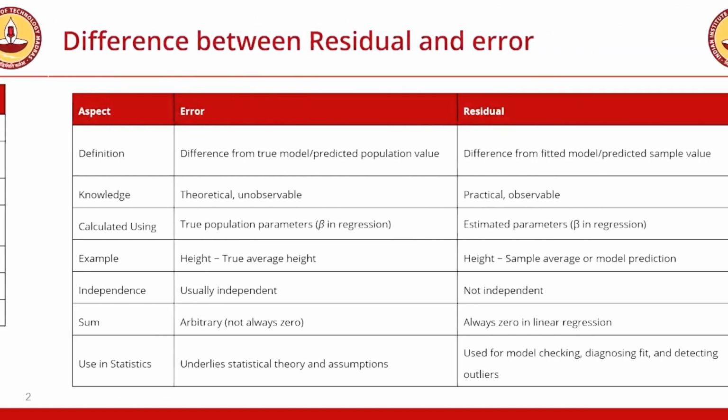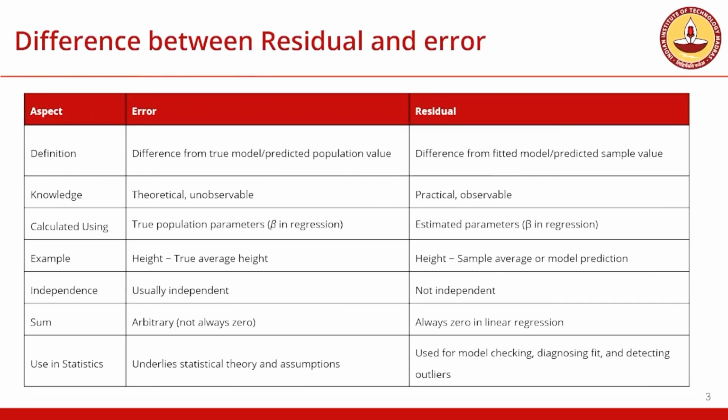Moving to the next slide, now we will clarify the most important difference between two fundamental concepts, that is errors and residuals. As you can see in the table, first of all, what is an error? An error, sometimes called a disturbance, is defined as the difference between an observed value and the true value predicted by the correct model for the entire population.